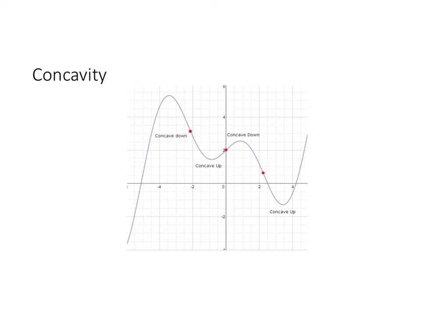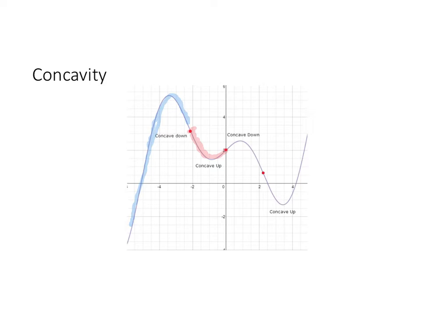Well, here's a fairly complex graph, and let's look at what we've got here. If we look at this portion here, it is concave down, okay? Its opening is down. Now, if we look at this portion here, it is concave up.